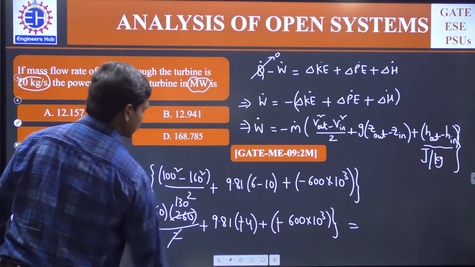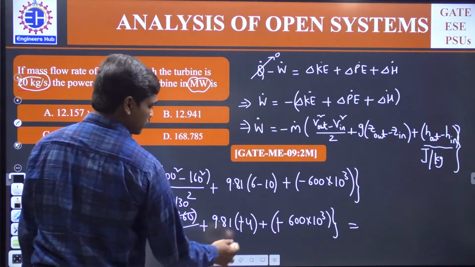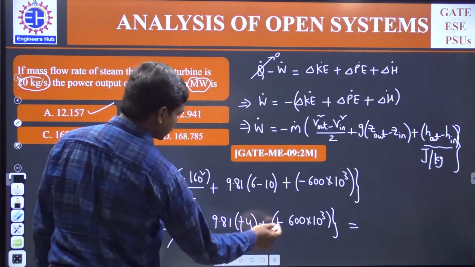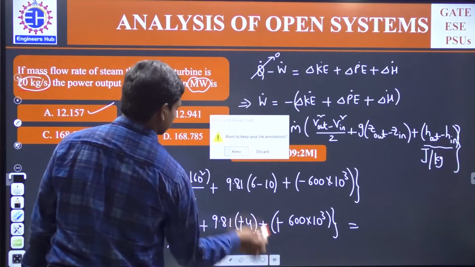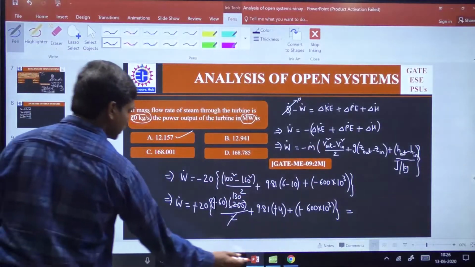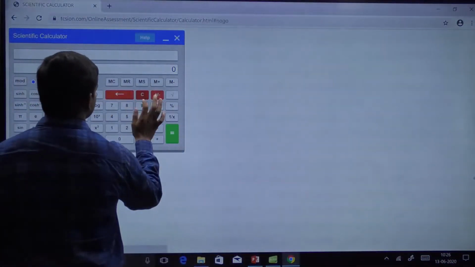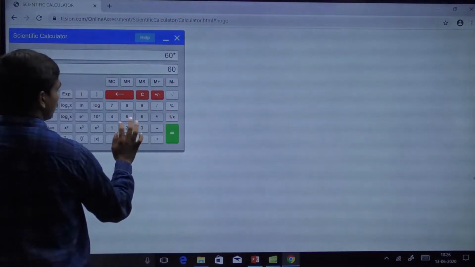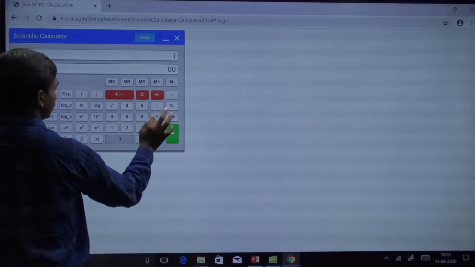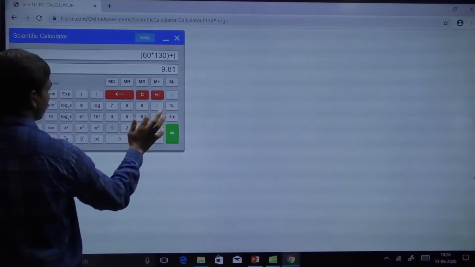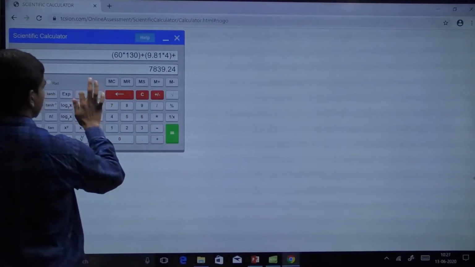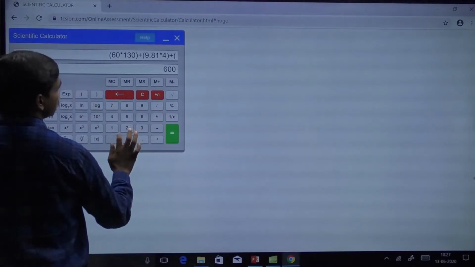So let us calculate this value: 60 into 130, plus 9.81 into 4, plus 600 into 10 cube.